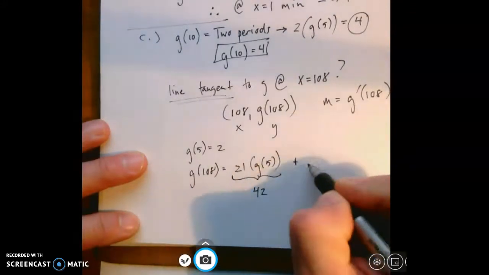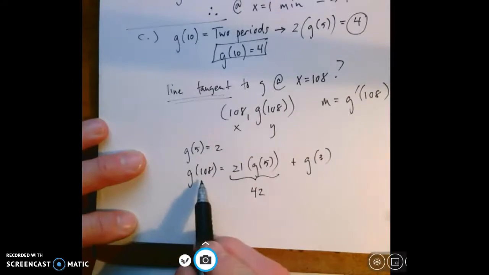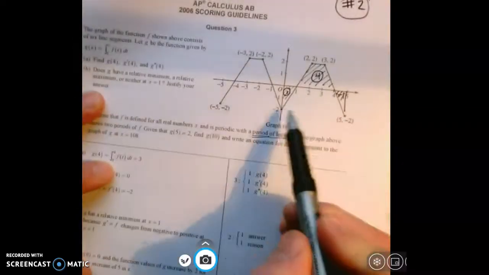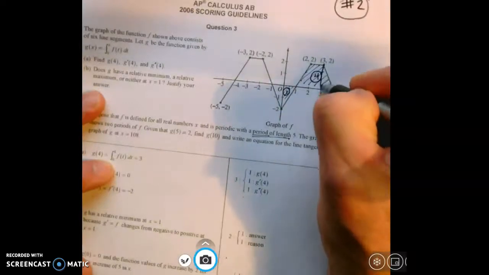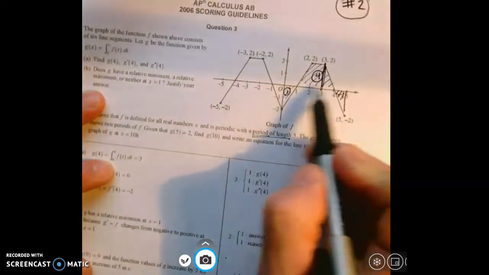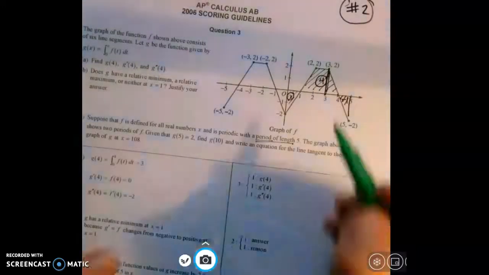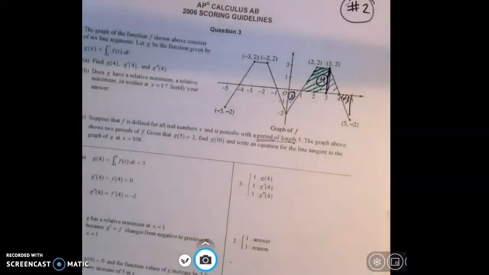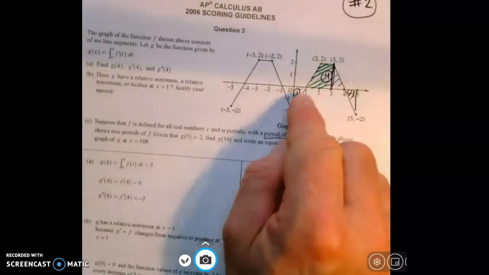That means 5 goes into that 21 times. But then I have g of 3 left over, because I've gone around to 105. When I look at g of 3, I'm talking about going from 0 to 3. This piece right in here is equal to positive 3, because of geometry.